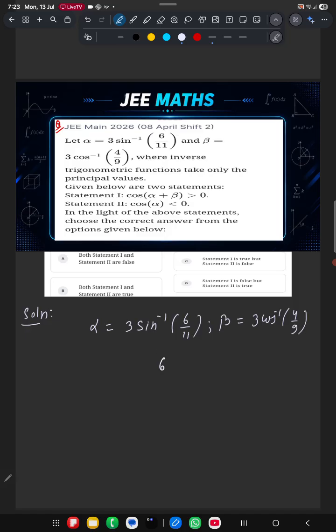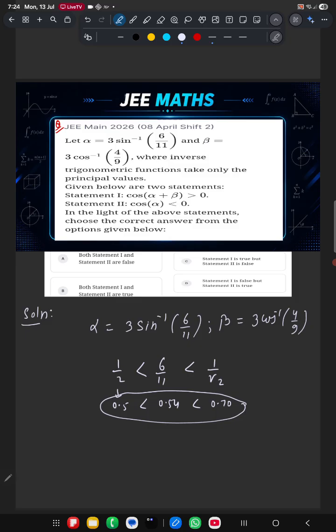Now you know that 6 by 11 will lie between 1 by 2 and 1 by root 2, and these two are the values of sine 30 degree and sine 45 degree. Why am I saying that? 1 by 2 can be written as 0.5, 6 by 11 as 0.54, and 1 by root 2 as 0.70 and something. This is clear.